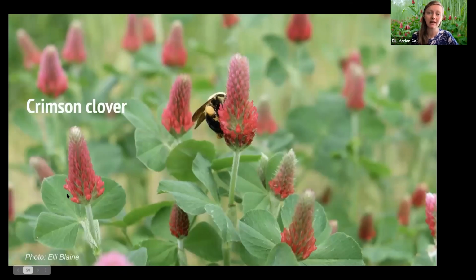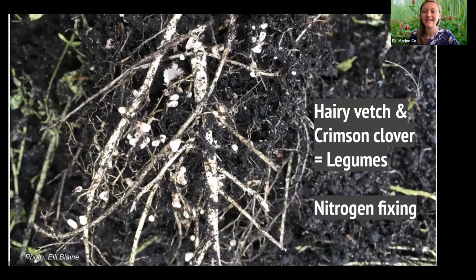Crimson clover is another usually fall planted and then winter survival species that is a legume, helping to fix nitrogen in our soils, and so if allowed to flower in usually mid-May, can help support our pollinators as well. This is just a visual example of what I mean when I'm talking about nitrogen fixation.